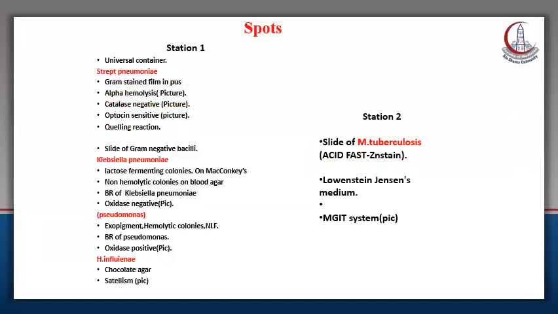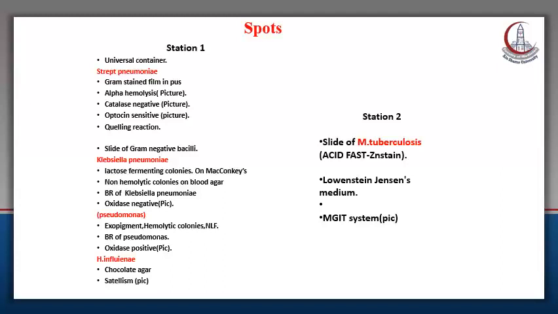Okay, finally, to summarize our spots. If you are in the lab for the subgroup, you have spots to be revised after we finish the subgroup. So you should remember our spots. For case scenario 1, we have the universal container for collection of sputum. Don't forget, it's a sterile universal container. You can, of course, go back to the rest of the presentation to revise the pictures of each of these spots.